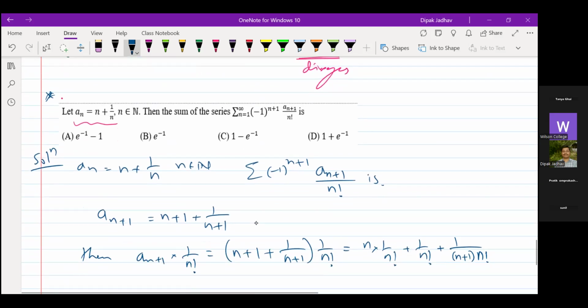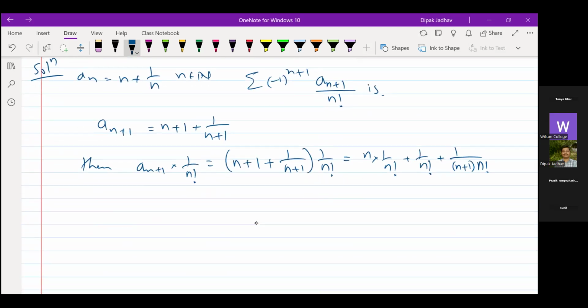Is that okay? We are just doing simple algebra. So what am I going to get? The term n gets cancelled: 1 upon n minus 1 factorial, 1 upon n factorial, plus 1 upon the last term, n plus 1 factorial.